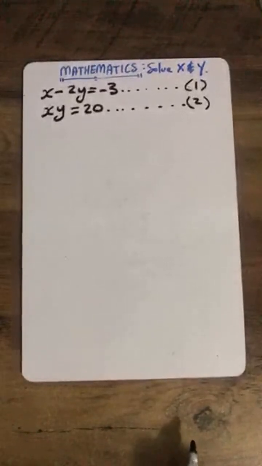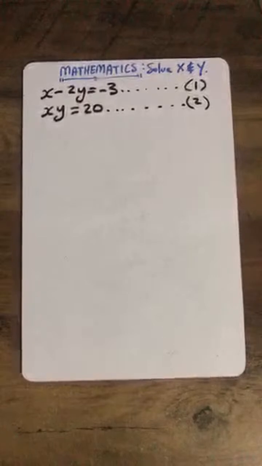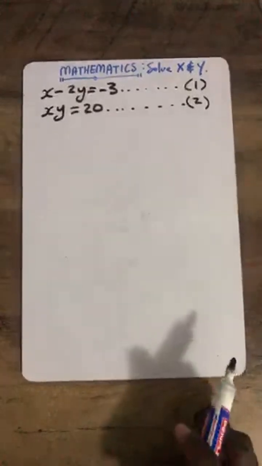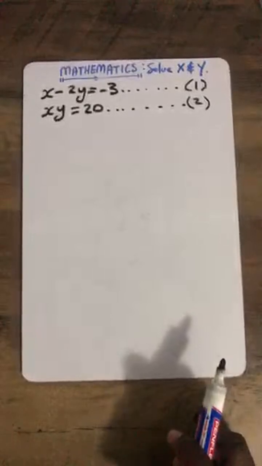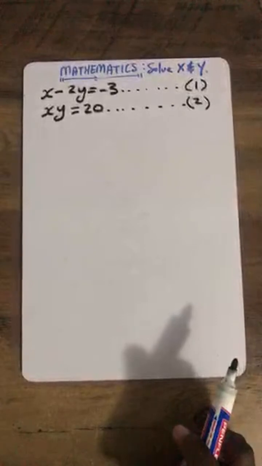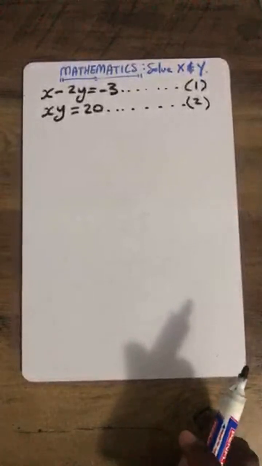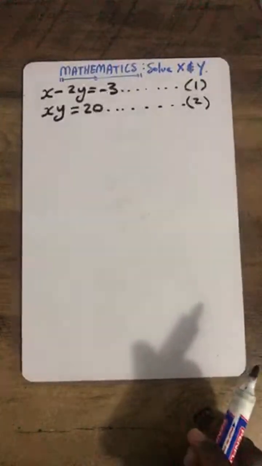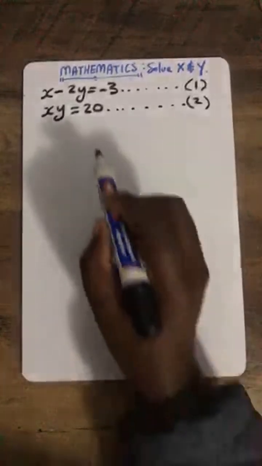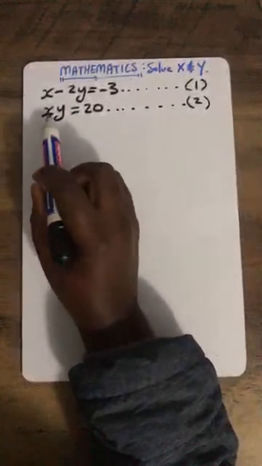Oh yeah, I see my mistake. So it remains your responsibility to derive equation number 3. They will always give you two equations, equation number 1 and equation number 2, and it remains your responsibility to derive equation number 3. How do you do that?